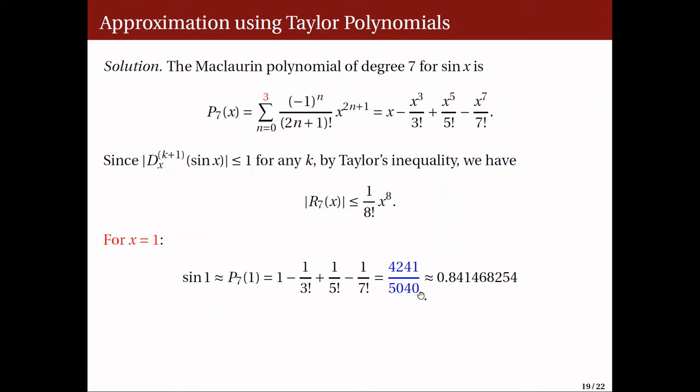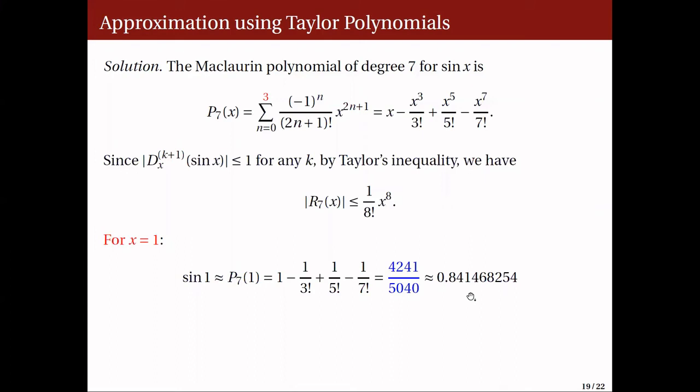In decimal form, this is approximately equal to 0.841468254. On your own, you can verify using your calculator the value of sine 1 and the decimal value of this rational expression, and you can see how close or how far away these two values are.